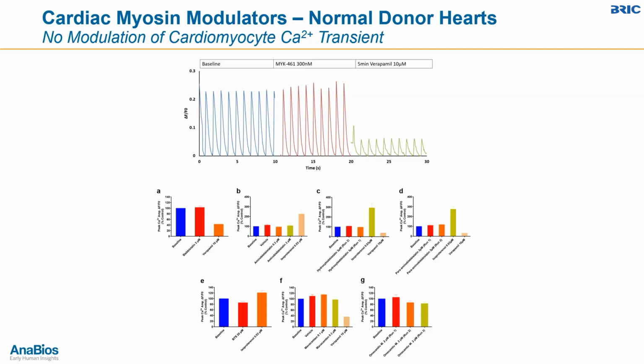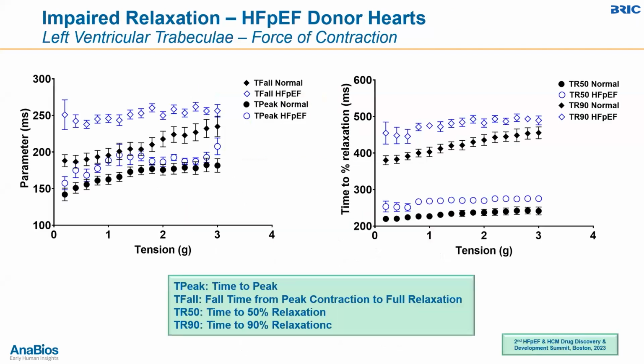So when we tested omecamtiv, mavacamten, and the other different myosin modulators, you can see they showed no ability to modulate intracellular calcium. And again, using the contractility and this intracellular calcium data, we can provide mechanistic understanding in addition to analyzing and determining the effect of the compound on contractility.